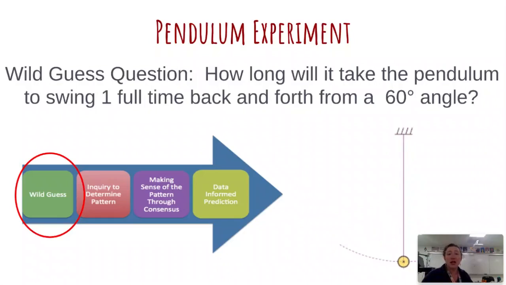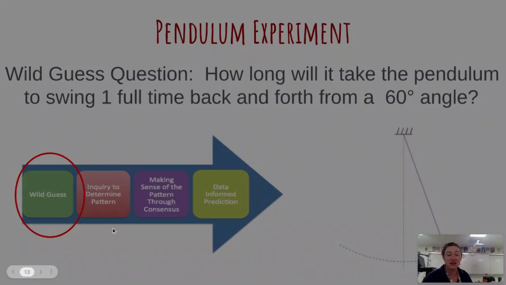In order for us to come to a better understanding and make an actually informed prediction, we're going to run through some science. The way that we will do this, and we do this the same for all of our different experiments, is we start off with our wild guess and then we do science, right? So we run an investigation and we collect data to figure out a pattern.